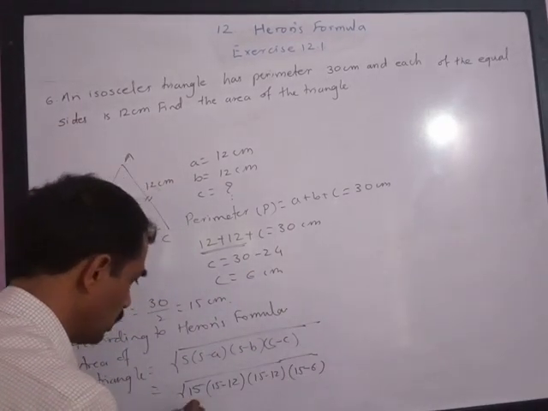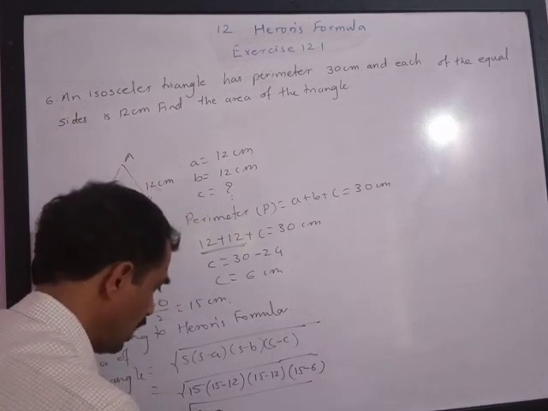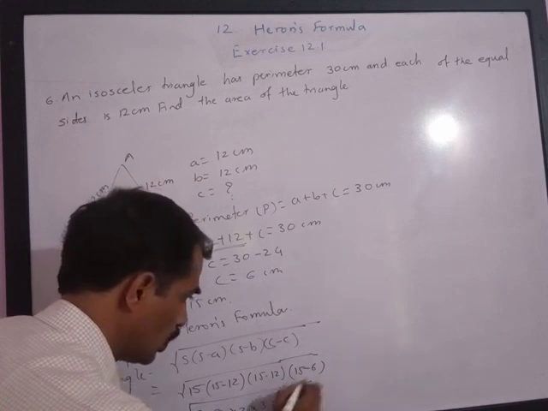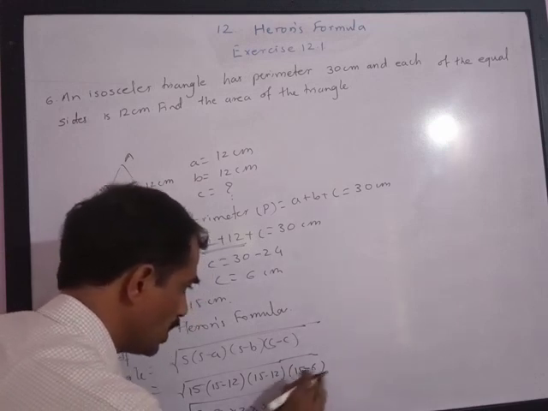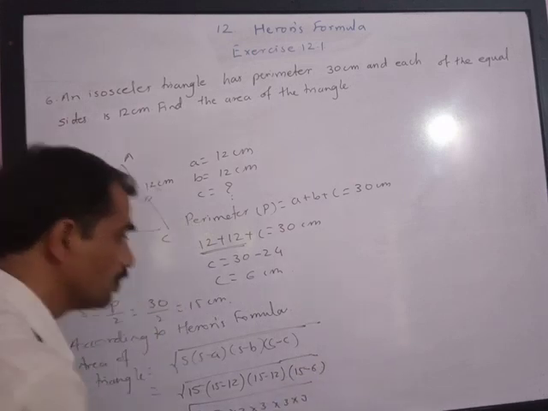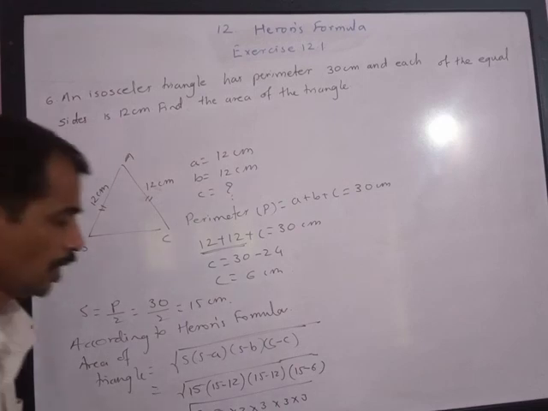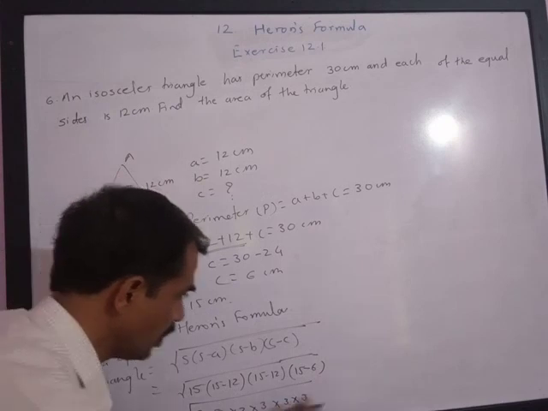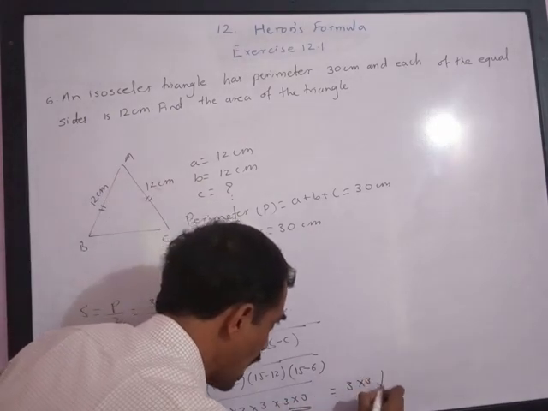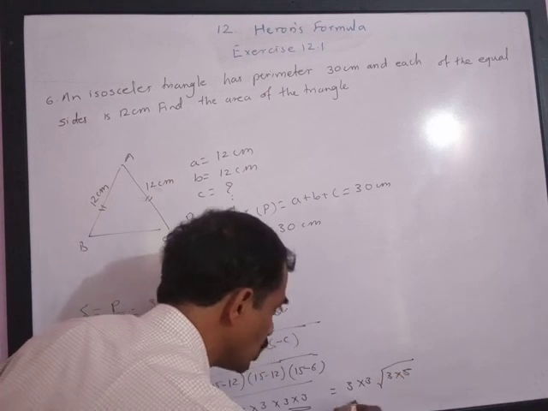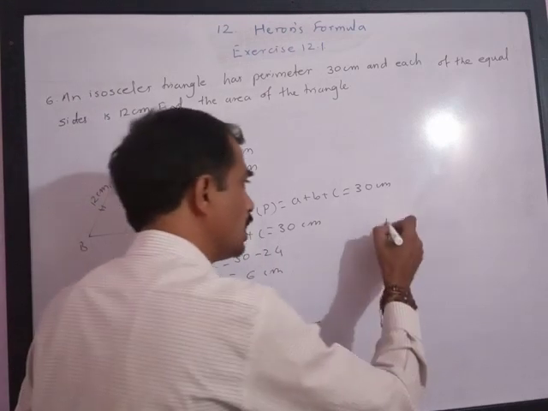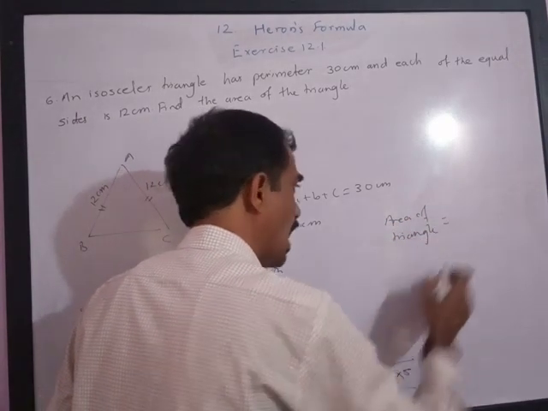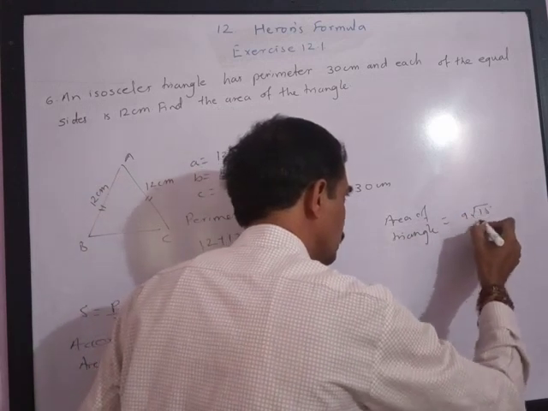So this is equal to under root 3 into 5 into 3 into 3 into 9. 9 can be written as 3 into 3. So please note, from the two 3s, 1 will come out. From the two 3s, 1 will come out. So we will have 3 into 3 outside, and inside one 3 and one 5 will be left. So the area of the triangle is 9 root 15 centimeters square.